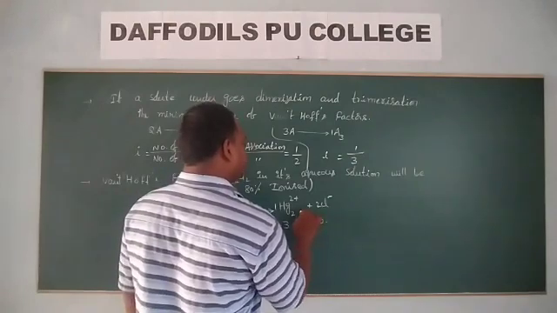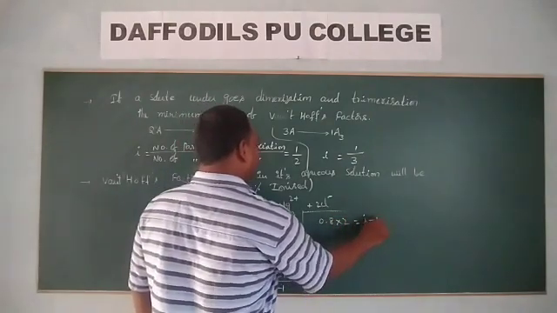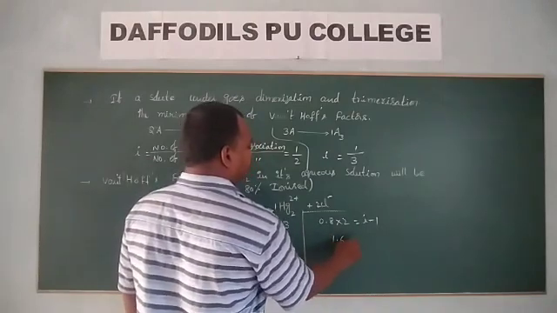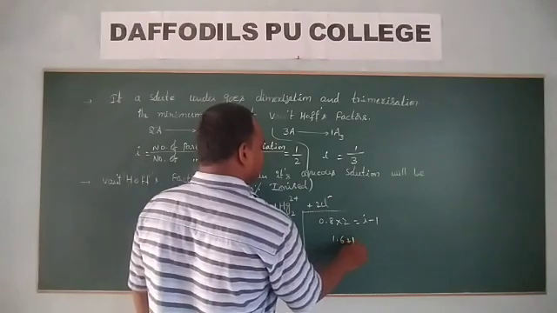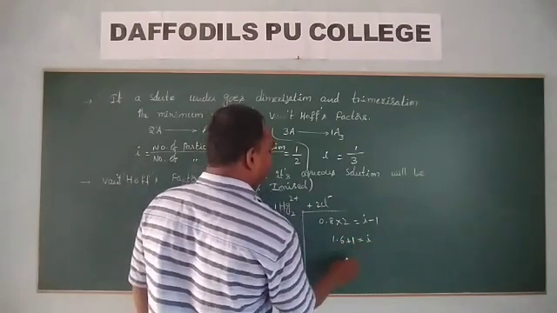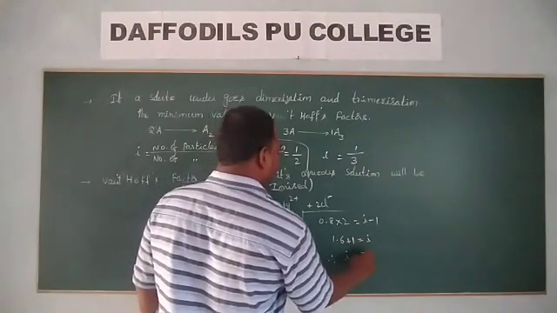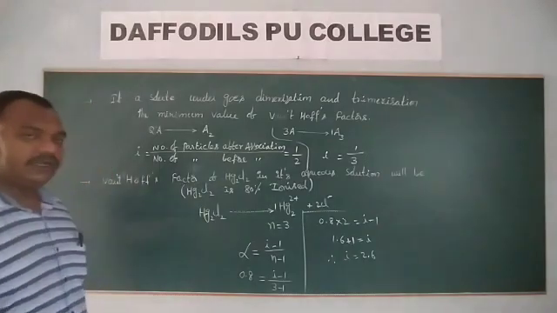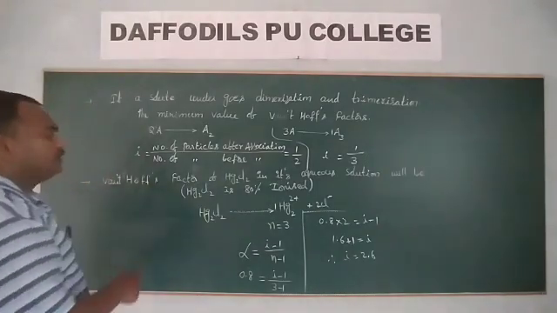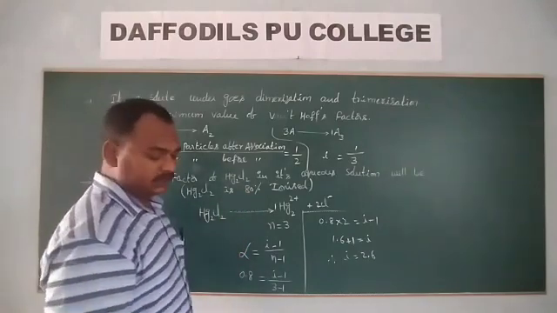So 0.8 into 2 is equal to i minus 1. 1.6 plus 1 is equal to i. Therefore i is equal to 2.6. So this is the Van't Hoff factor of this mercurous chloride when it is undergoing 80% ionization.